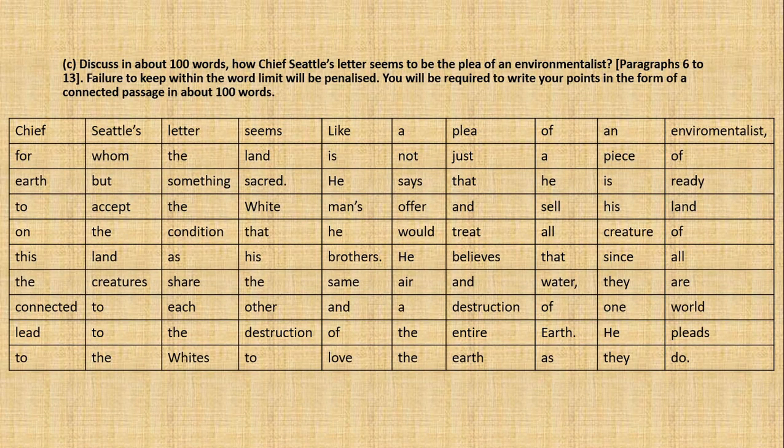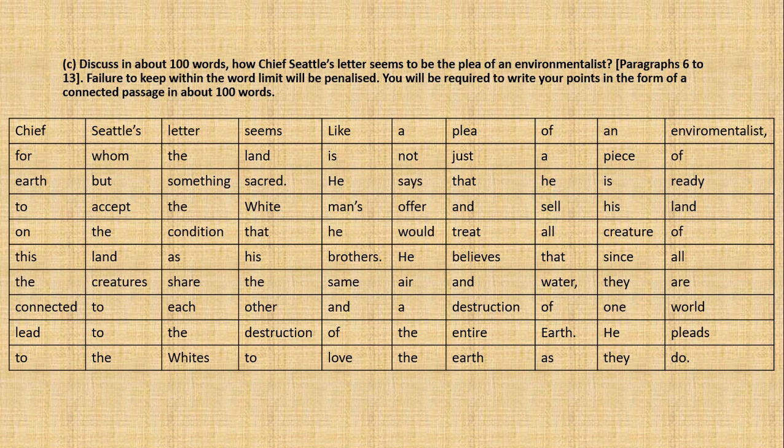Let's look. I shortened it and made it like this. Chief Seattle's letter seems like a plea of an environmentalist for whom the land is not just a piece of earth, but something sacred. He says that he is ready to accept the white man's offer and sell his land on the condition that he would treat all creatures of this land as his brothers.